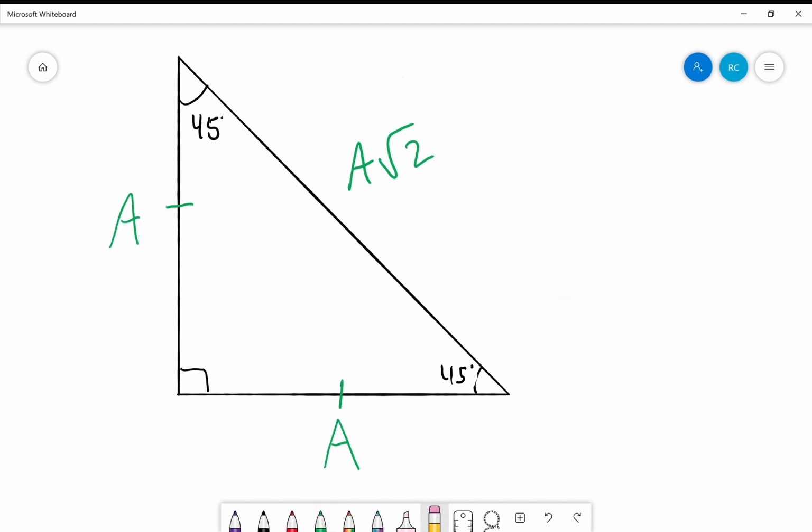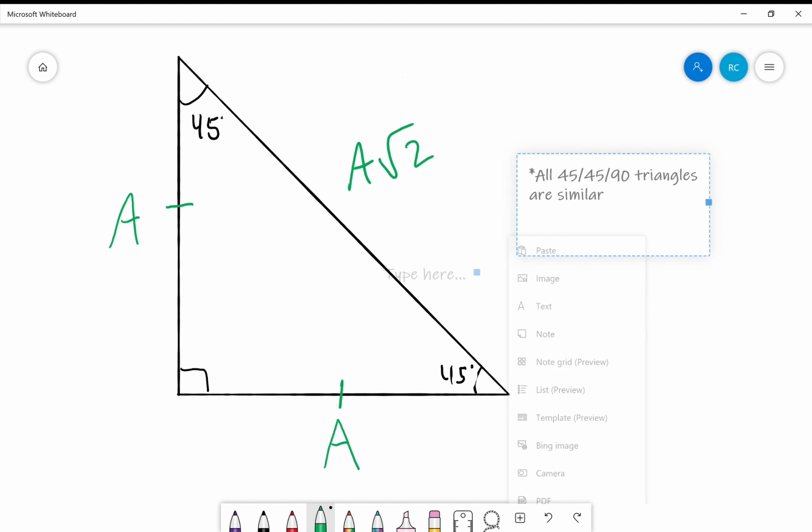Remember, if I erase something before you're ready, you can always go back and pause. So a few things that we've learned here. We learned that all 45, 45, 90 triangles are similar. They all have the same proportions. This is super useful because it means that we can now apply what we know to any 45, 45, 90 degree triangle in the world, and we'll do that in a moment.